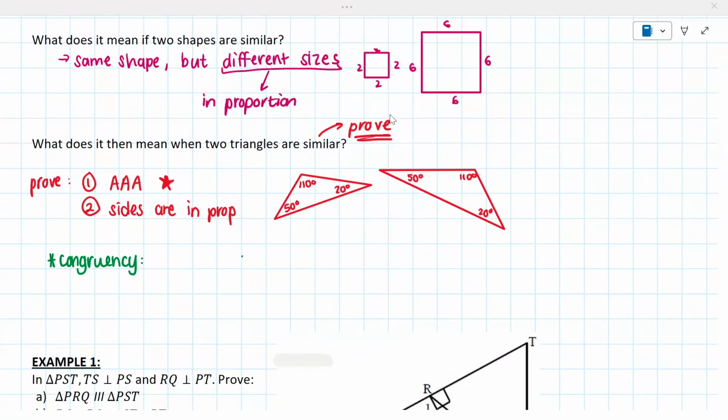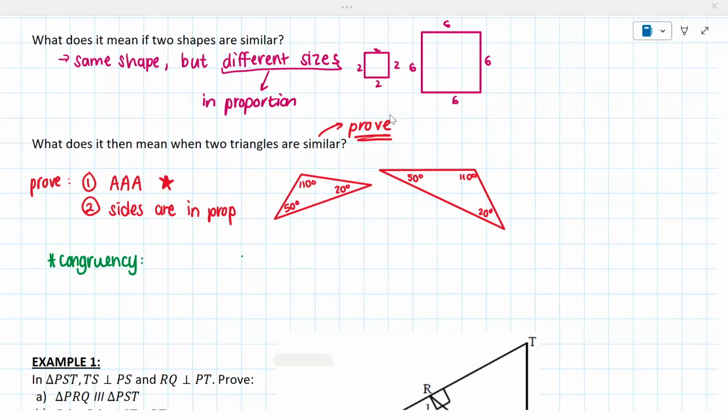What does it mean if shapes are congruent? No one, guys? Okay, congruency and similarity go hand in hand.